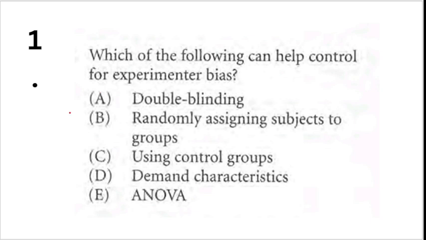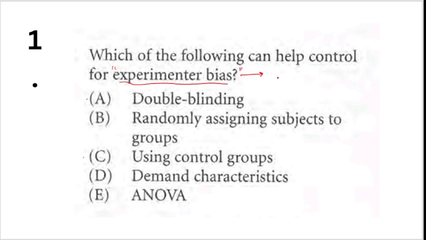Okay, a few of you have answered double blinding and some of you have answered using a control group. Let us understand what it says. The question asks how we can control experimenter bias, which means the bias that comes from the experimenter, and how is it given?